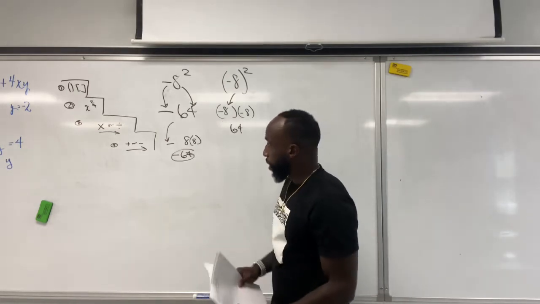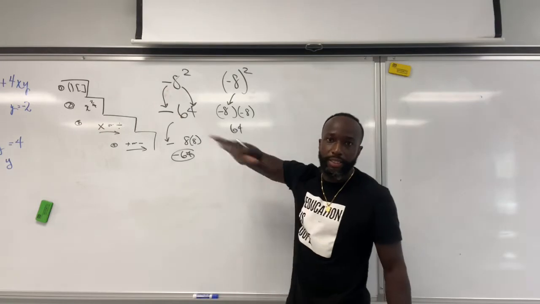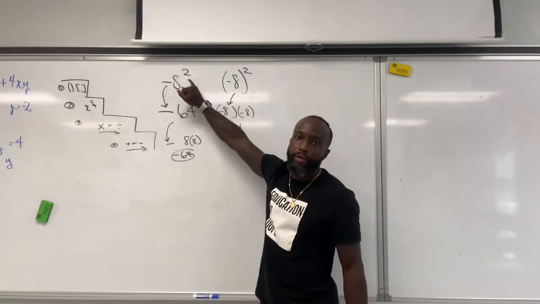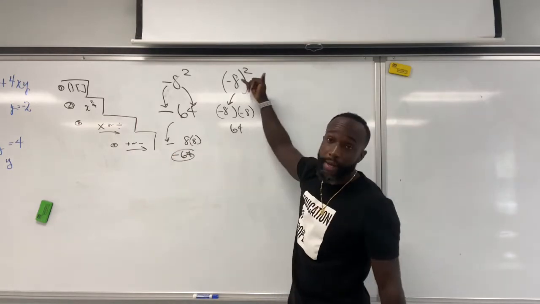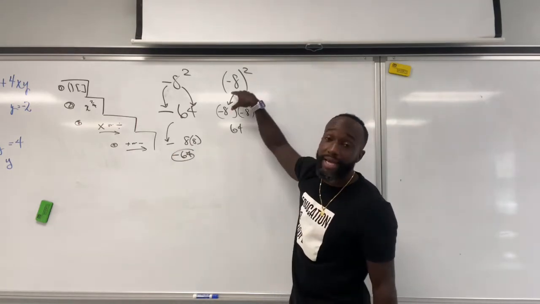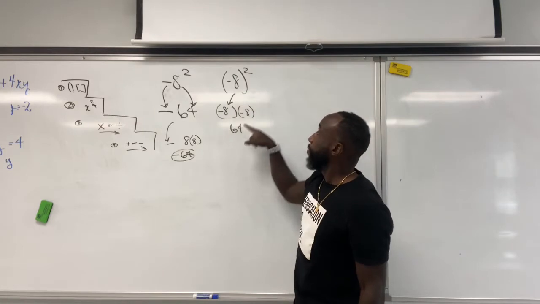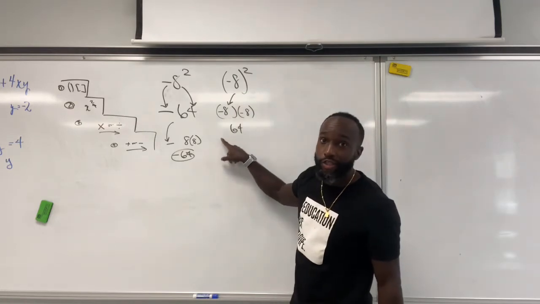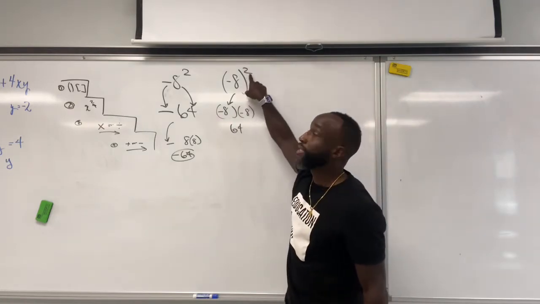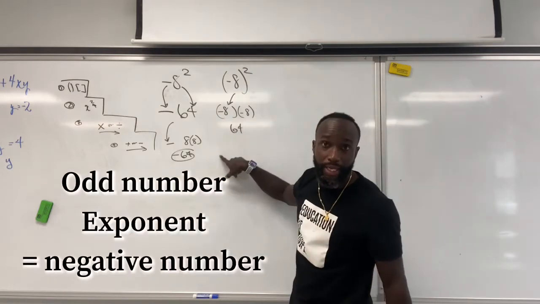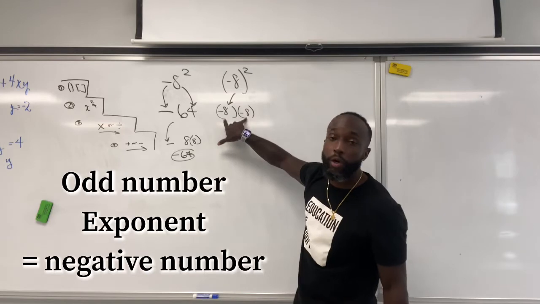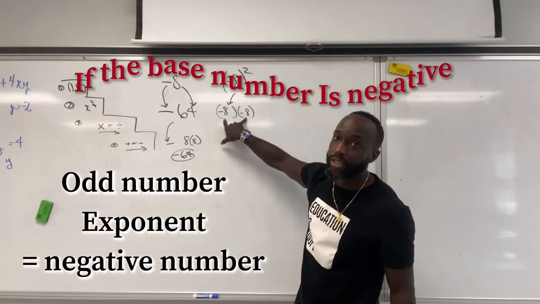When you have a negative sign and no parentheses, when it's raised to a power, this sign is always negative. As opposed to when you have a negative sign in parentheses, whether it becomes negative or positive is based on the number of times, the power. If it's even, it's always going to be positive. If it's odd, it's going to be negative. But it's because you're just multiplying the negative number into itself a certain number of times.